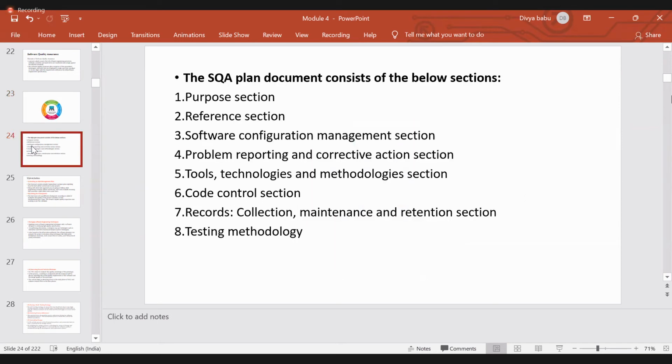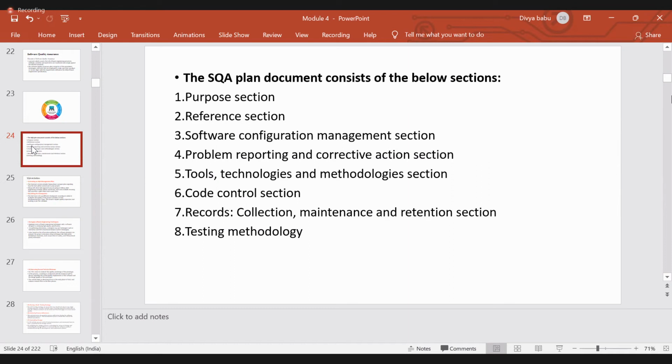In the software quality assurance plan, we create one report or document which contains some sections. These are mandatory: a purpose section, a reference section, a software configuration management section, a problem reporting and correction section, then tools, technologies, methodologies, code control, and records covering collection, maintenance, and retention, then testing.